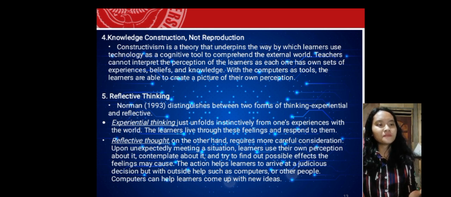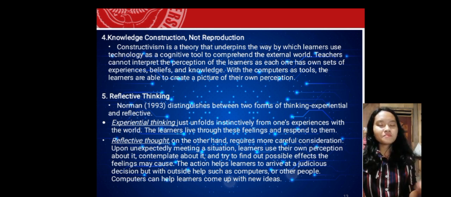Upon unexpectedly meeting a situation, learners use their own perception about it, contemplate about it, and try to find out possible effects the feelings may cause. The action helps learners to arrive at a judicious decision, but with outside help such as computers or other people. Computers can help learners come up with new ideas.